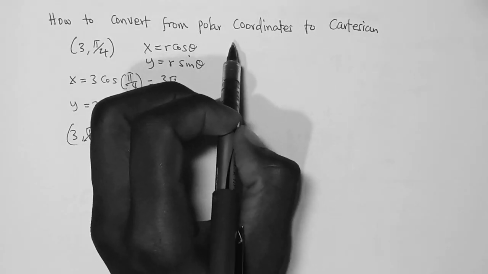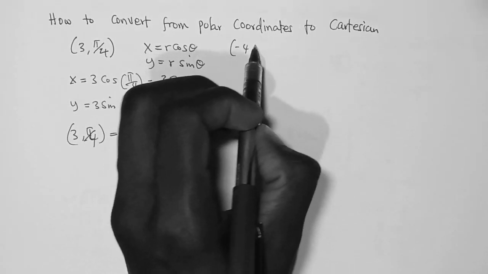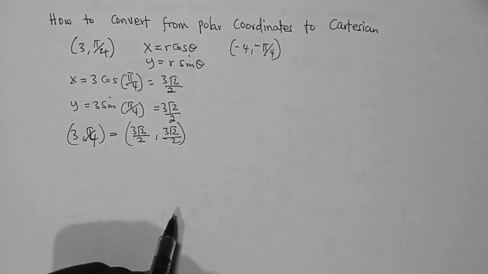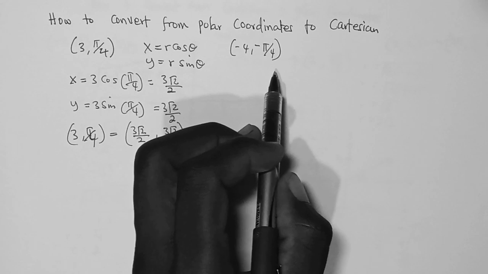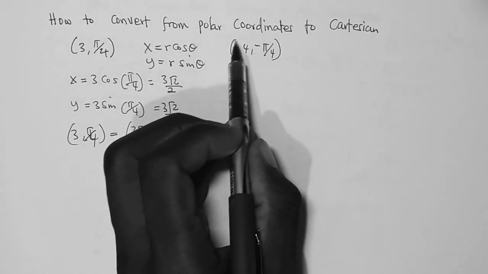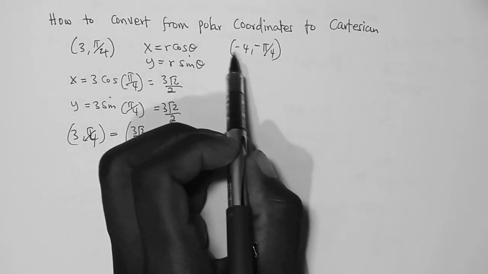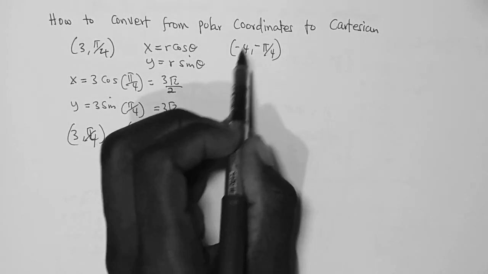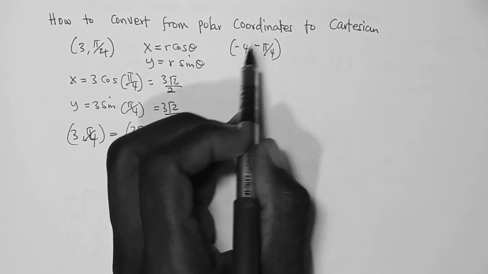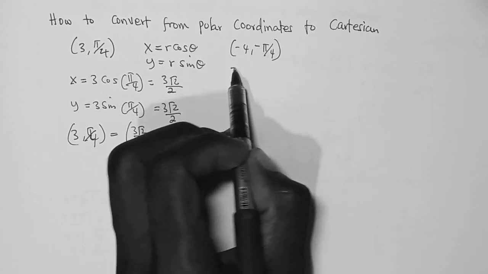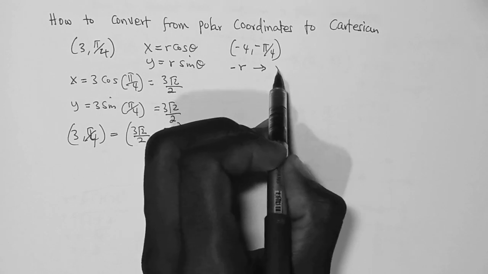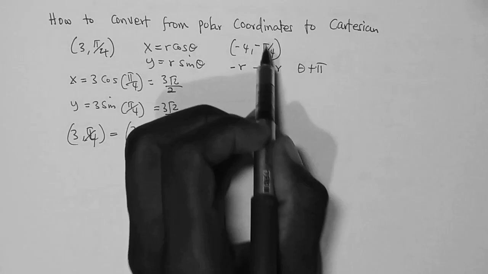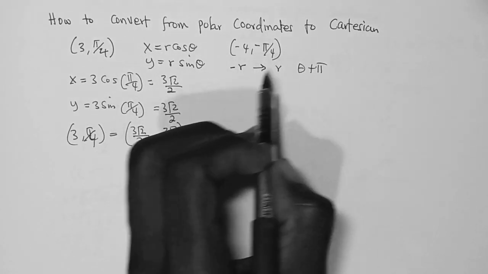What if it was minus 4 and then minus pi over 4? How do we convert this into Cartesian coordinates? Now remember that because r is minus 4, we can convert this to the positive. So you can convert minus r to r by adding pi to theta. So minus pi over 4, all we need to do is add pi.